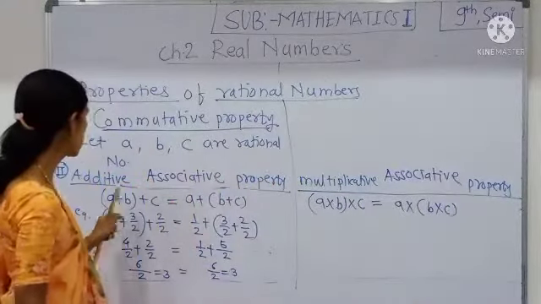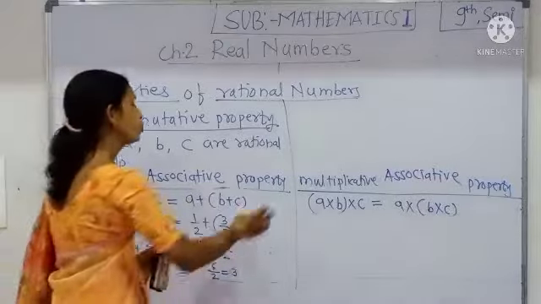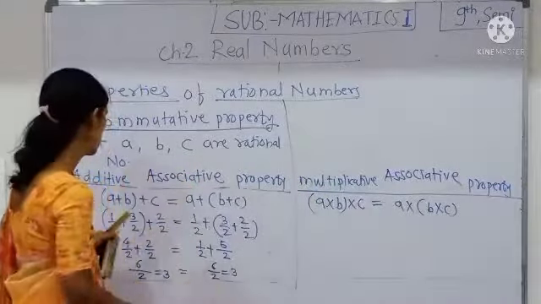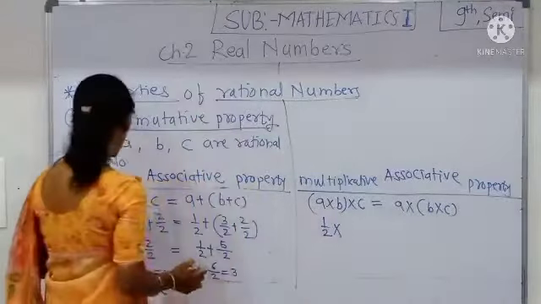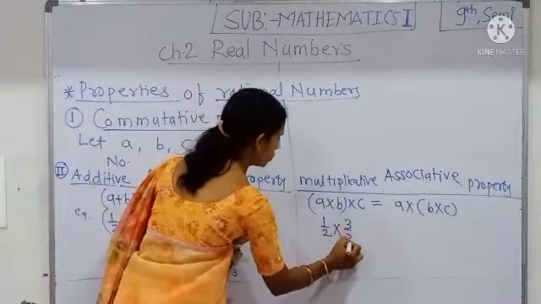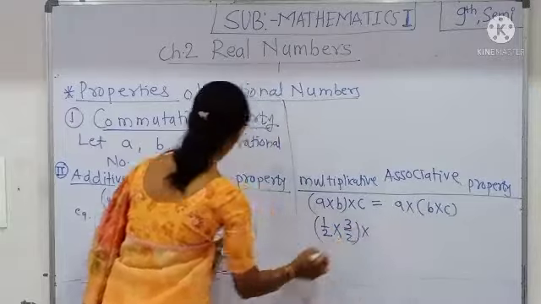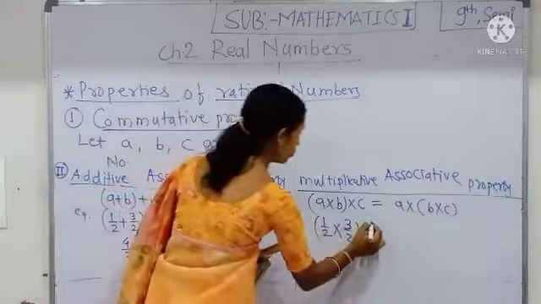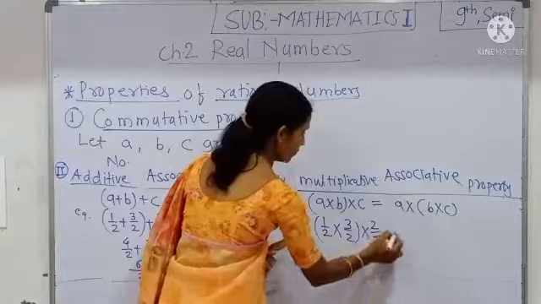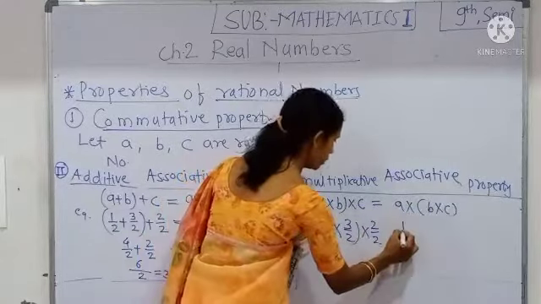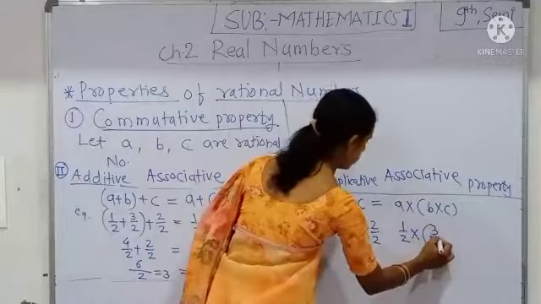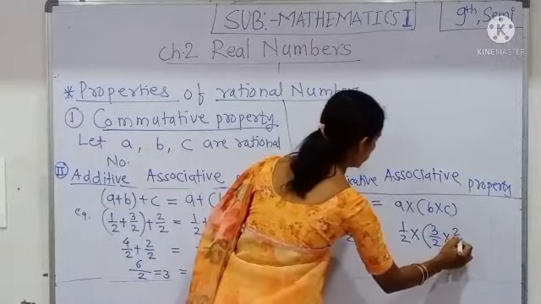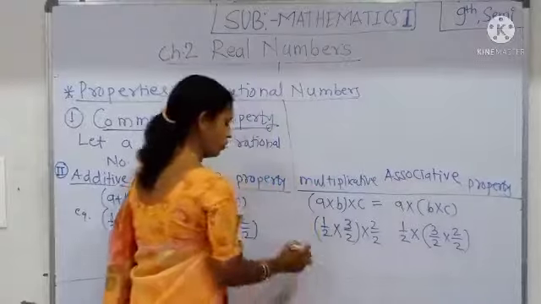Let us consider the same rational numbers to prove this property. Here A is 1 upon 2, B is 3 upon 2, C is 2 upon 2. Then A into (B into C) is 1 upon 2 into (3 upon 2 into 2 upon 2).